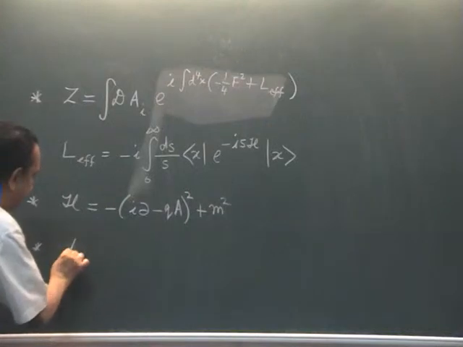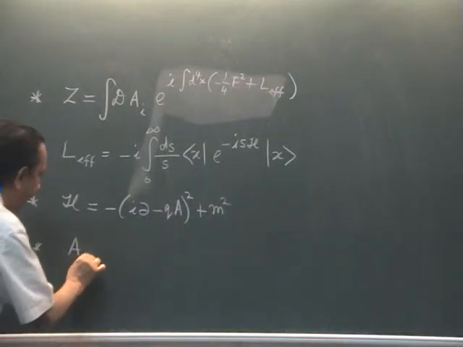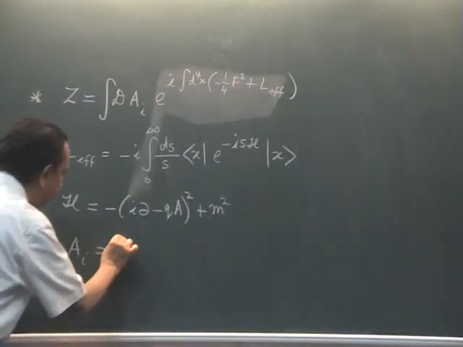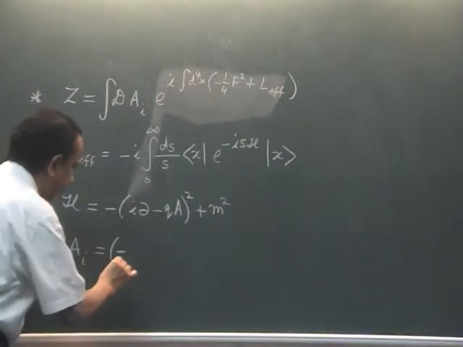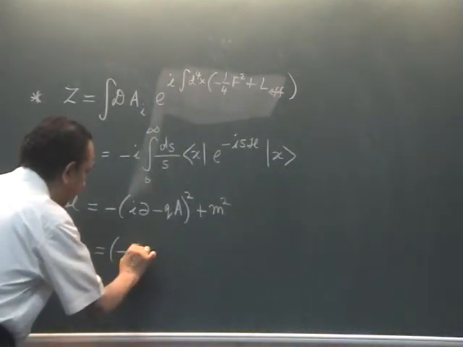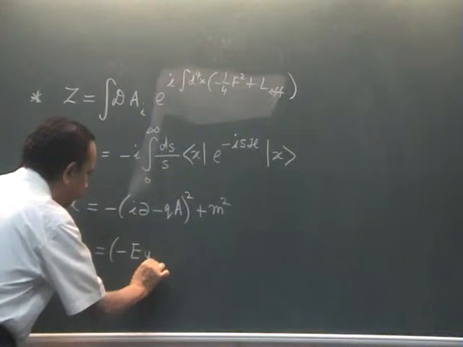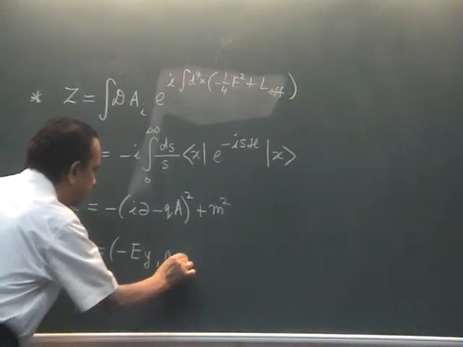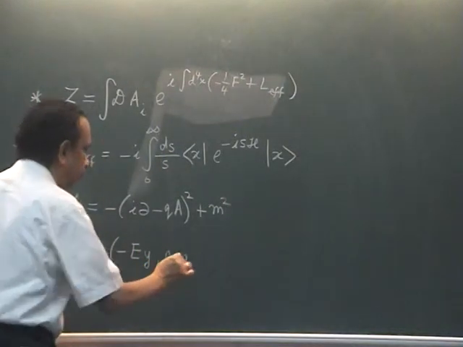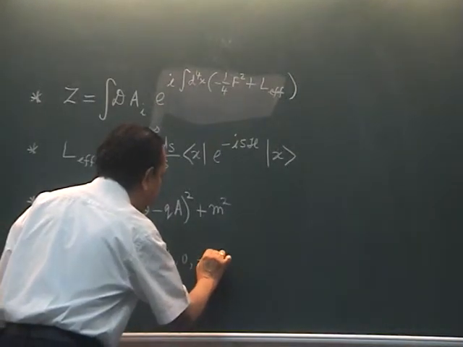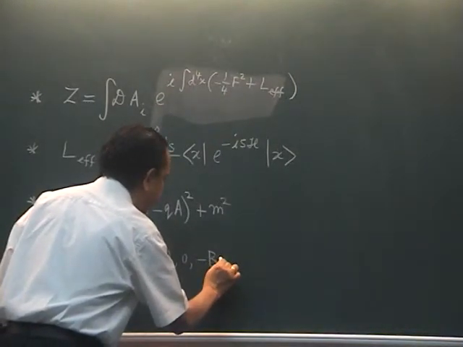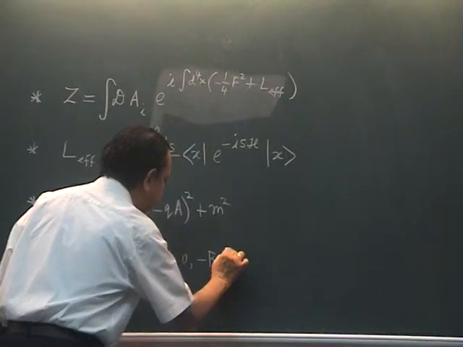So then we chose our AI to be minus EY, 0, 0, minus BZ.